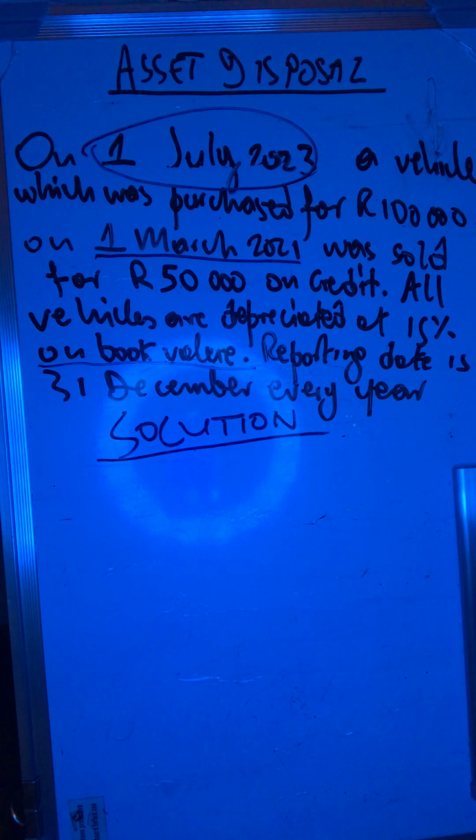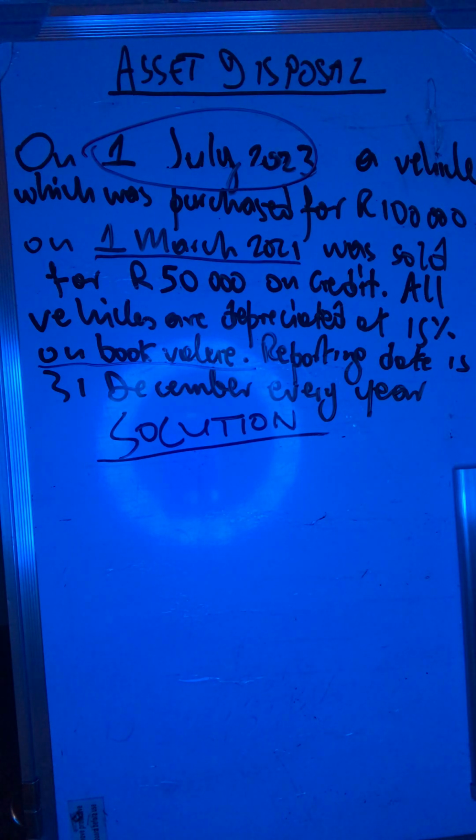Let's look at our accounting policy. Our accounting policy tells us that all vehicles are depreciated at 15% on book value. A book value is also called a carrying value. Again, if an asset is depreciated at its carrying value, that means the depreciation method that the company is using is the reducing balance or diminishing balance method.